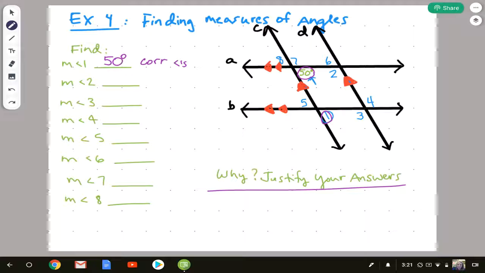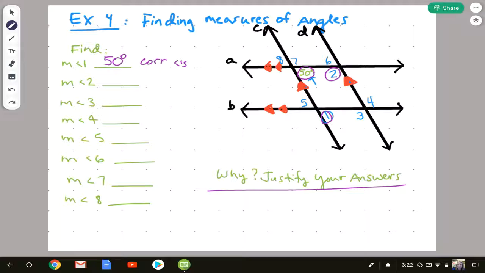Okay. Now, the next one is measure of angle 2 that we're looking for. So now I'm looking here. Well, if I think of C and D as my parallel lines and A as my transversal, then angle 2 and the angle marked 50 degrees are on the same side of the transversal, and they're inside lines C and D, so they're same side interior angles.